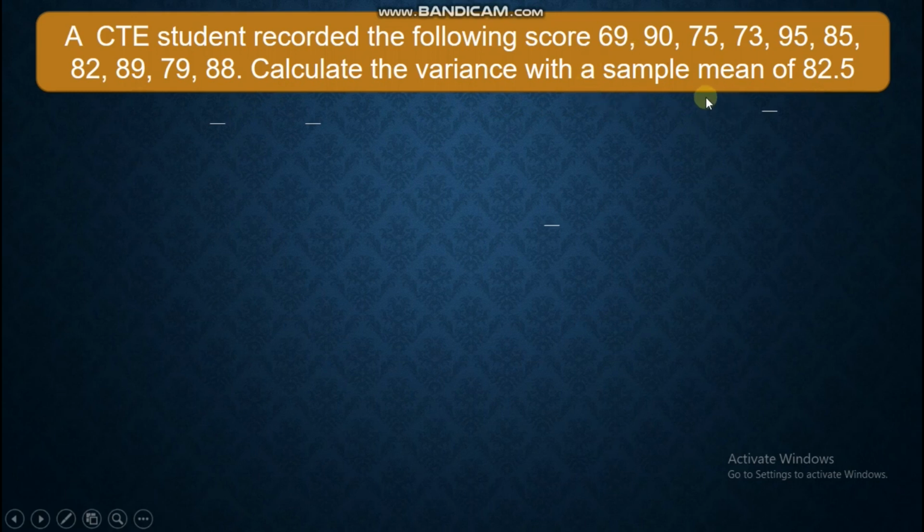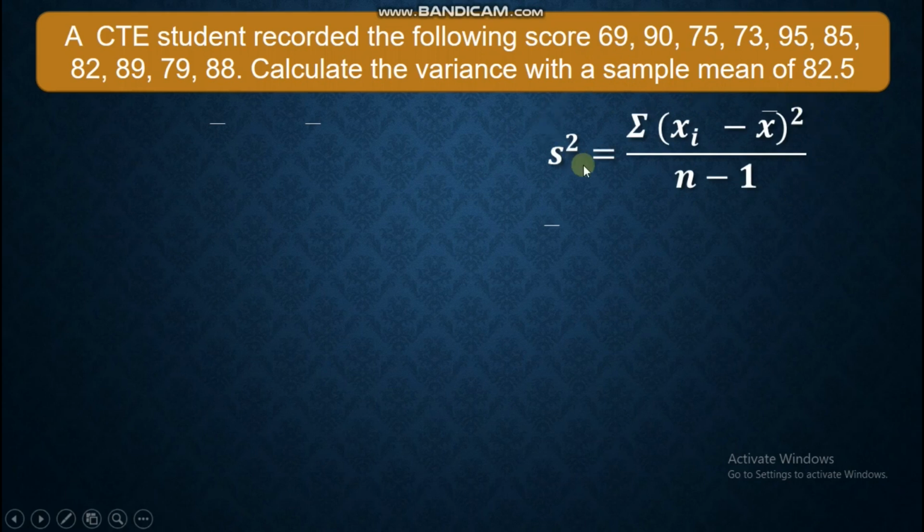It is mentioned that it is sample mean, thus we are going to use this equation: the summation of score minus sample mean squared all over n minus 1. Now you can substitute directly, the same as what we did in our first example, or you can use a tabulation. So for this second example, we will have a tabulation.